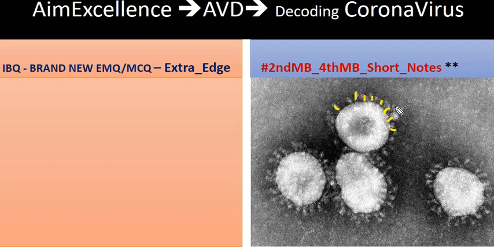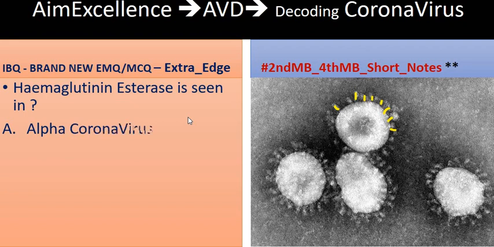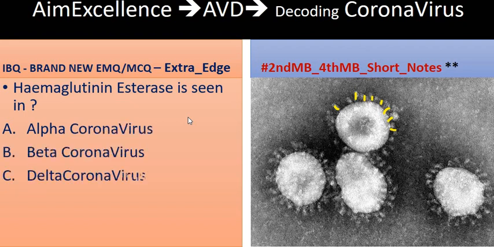Here are a few important points regarding this particular coronavirus. Before going into that, we will give you an MCQ also. See this particular MCQ: hemagglutinin esterase is seen in which of the following?